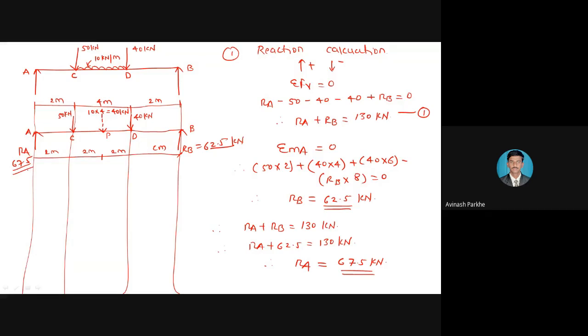Okay, now reactions are calculated. Now go for the SF calculation. Again, start from the left side. The forces which are moving upward, take positive. The forces which are moving downward, take negative.